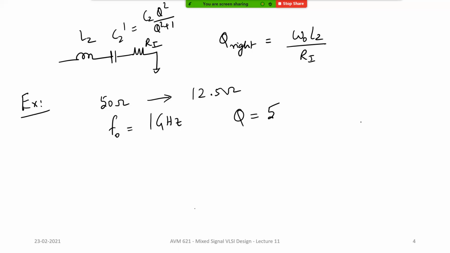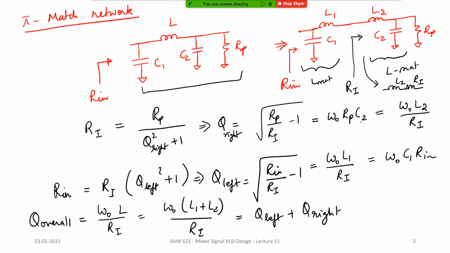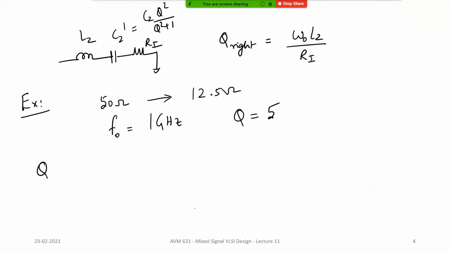Now the kingpin in this whole thing is this impedance Ri. The overall Q is given by omega naught L divided by Ri.